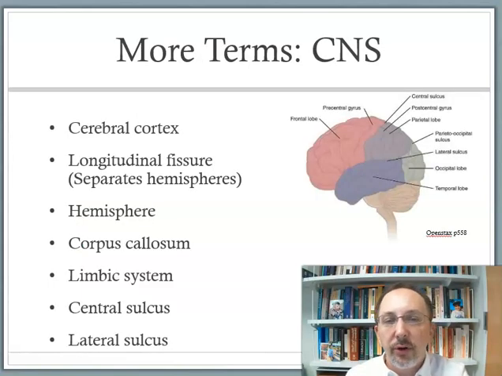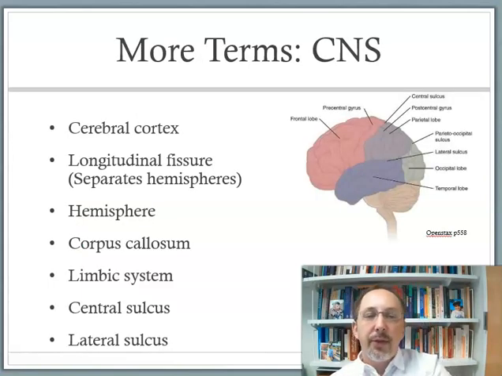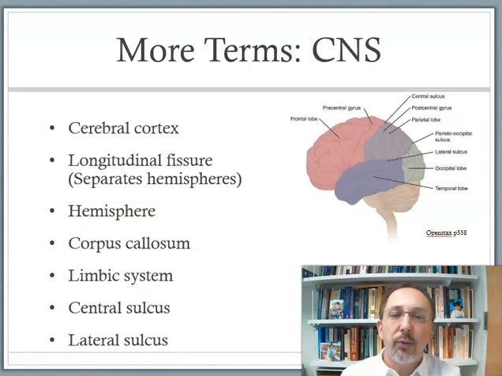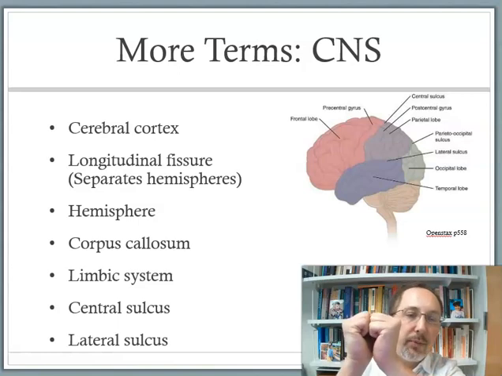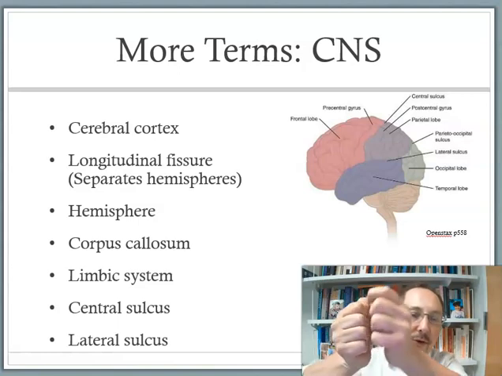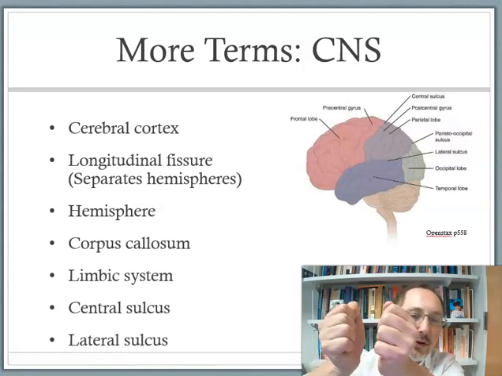Now, here are some more terms in the central nervous system. The cerebral cortex being this nice kind of wrinkly part on the outside of the brain, the big part of the newer part of the brain. The longitudinal fissure. We can't see it from this image, but if you take a brain and you look maybe from the top, the longitudinal fissure would be right separating the two hemispheres.